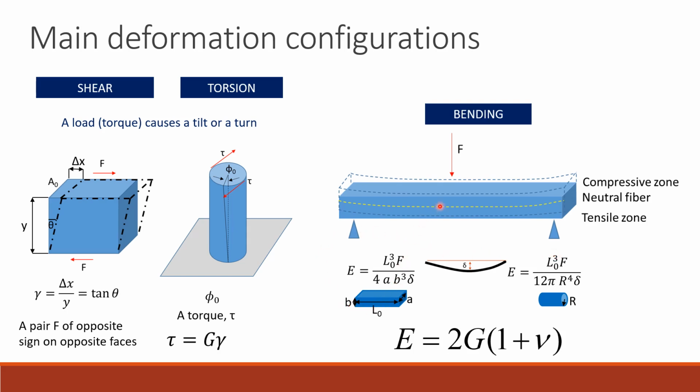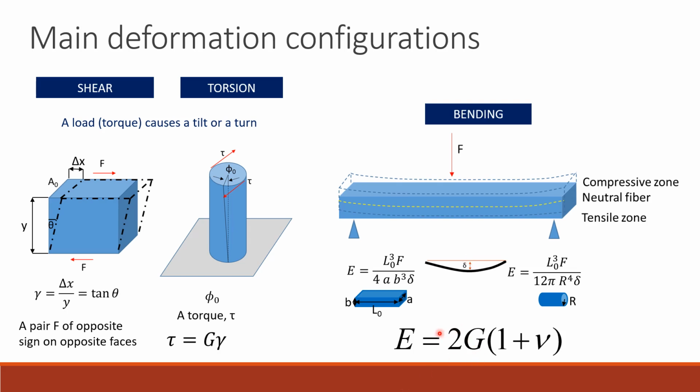In the case of a beam like that, a rectangular beam with these dimensions, this is the expression for the Young modulus. In the case of a cylinder, a rod, this could be the expression for the Young modulus. And this delta is properly the beam, so how much the material is bending.